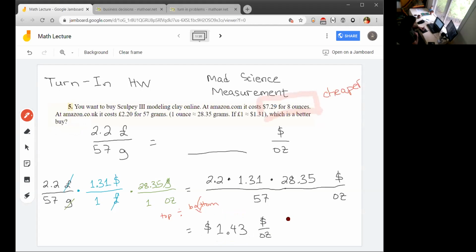If I wanted, I could multiply by 8 ounces here and get 1147. That day in history, Sculpey was quite a bit more expensive in the UK than here.